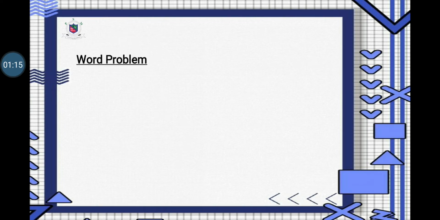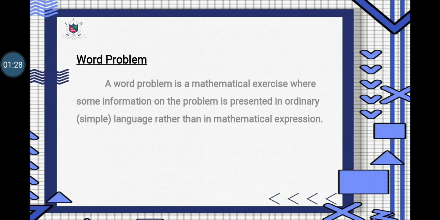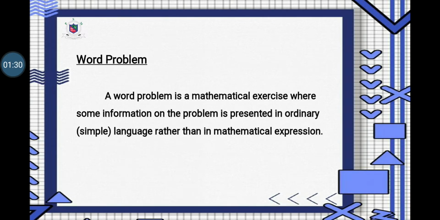Dear students, as you all know, we have already studied what a word problem is. Can anyone tell me? Yes, a word problem is a mathematical exercise where some information is presented in simple language rather than in mathematical expression.